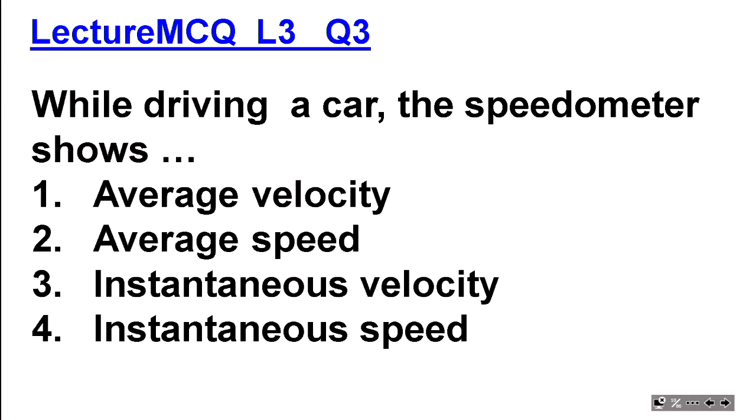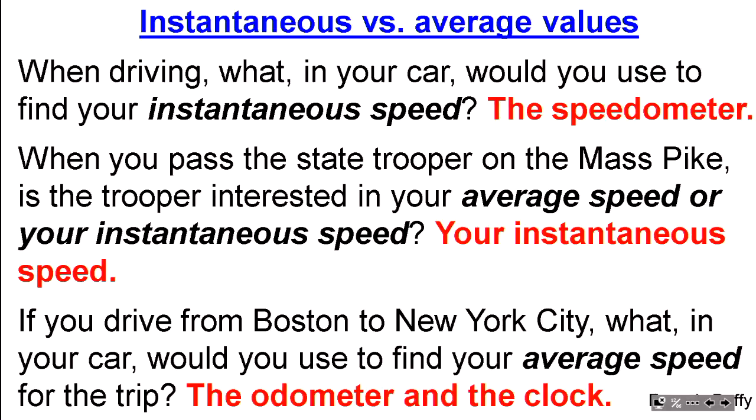Instantaneous speed, that's not a tricky question, of course. It measures speed, so you can cross out answers with a different word, velocity. And of course, it measures it here and now. So if you drive, you use speedometer to measure your instantaneous speed. And when a policeman catches you, that's what policeman also measures, your instantaneous speed.